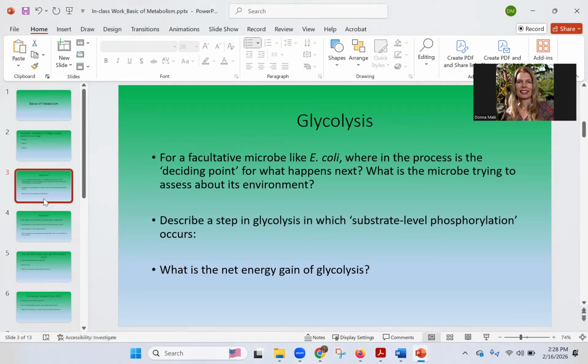And really, a huge payoff is how much ATP they are getting. They can get it a couple different ways, because glycolysis is substrate level phosphorylation to create ATP. Then the electron transport chain is oxidative phosphorylation or electron transport chain linked phosphorylation. So think of it that way.